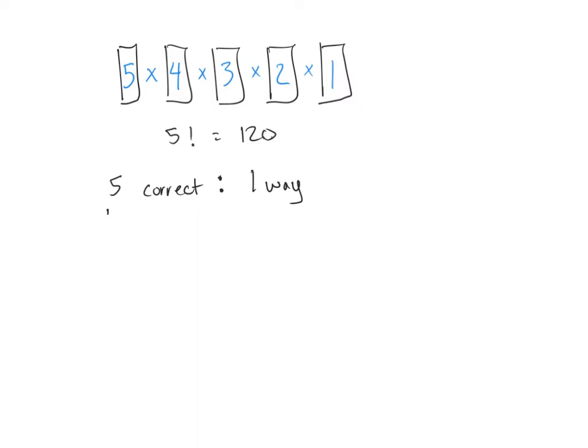Well, what about 4 correct? Let's think about this logically too. If we sent out 4, right? Let's do this. If we draw a picture, 4 of them are correct. Doesn't it make sense that the 5th one will also be correct? The very last one will have to be correct as well, because we already sent out all 4 payroll checks and they're going to the right person.